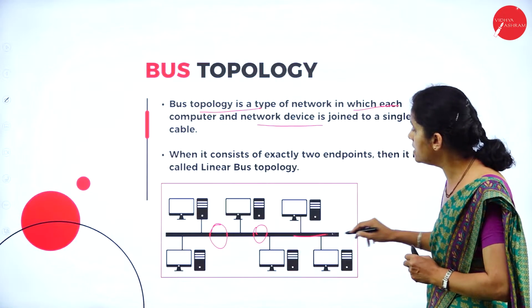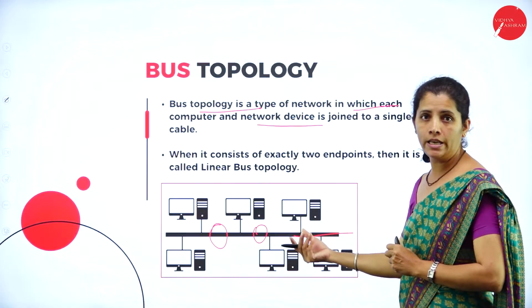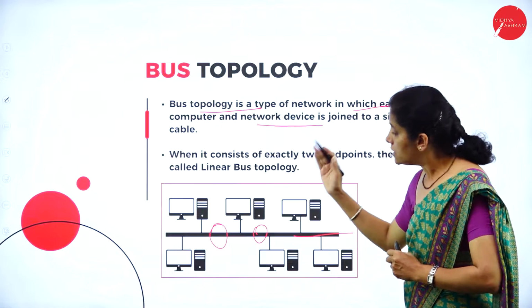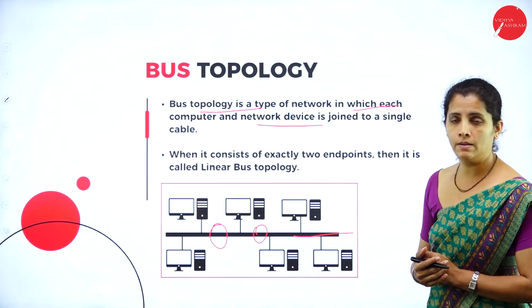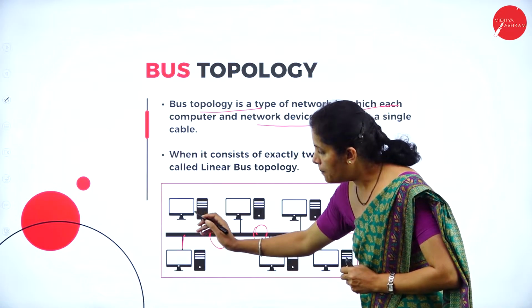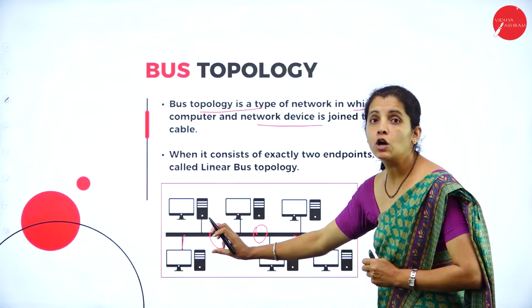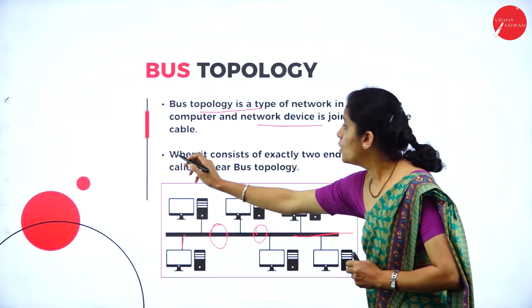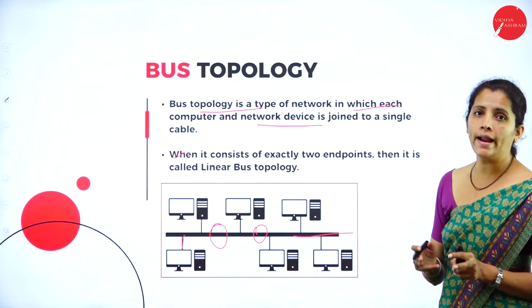This is the single cable and all the systems are connected linearly. This cable is known as the backbone cable, and the connections from the main cable to the devices are known as drop lines.